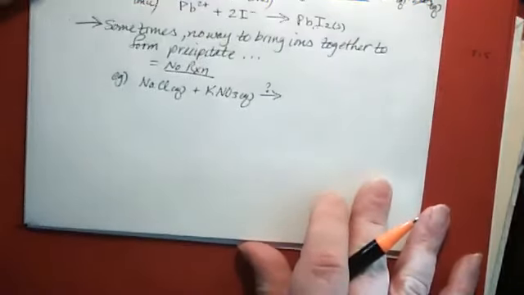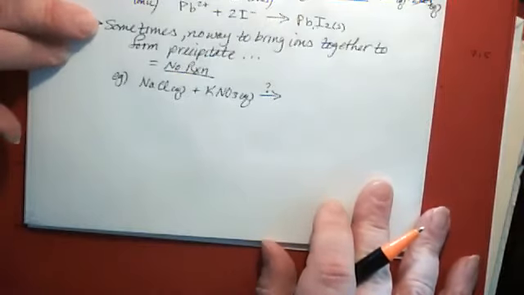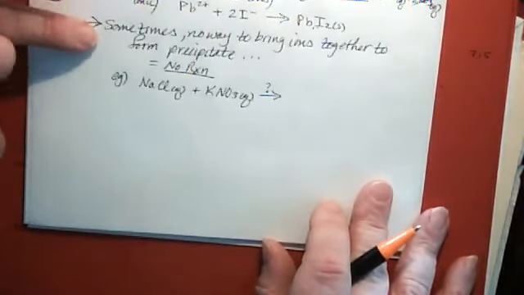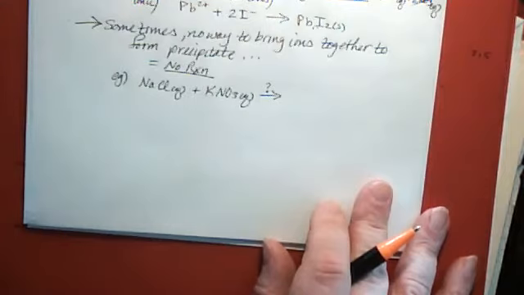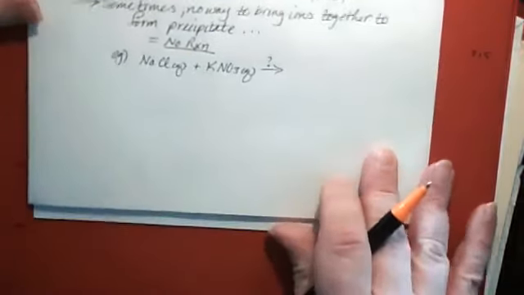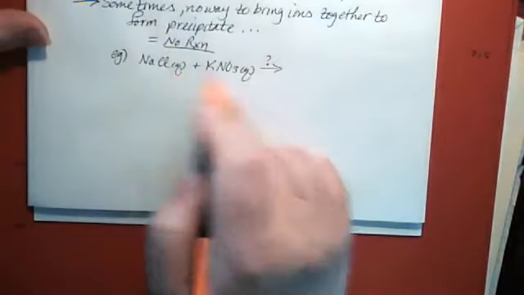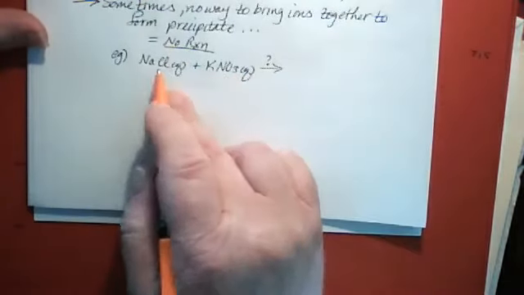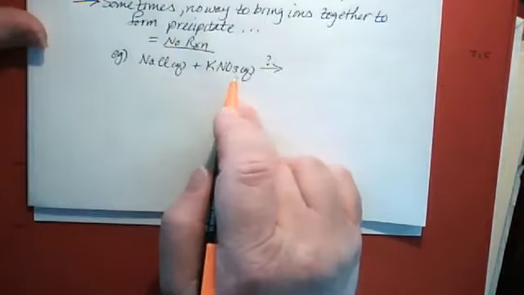Okay, so as another example, it's sometimes not possible to bring together any two ions in a way that would form a precipitate. An example, not to spoil the surprise too much, is this reaction here, sodium chloride and potassium nitrate. Those are both soluble in water.